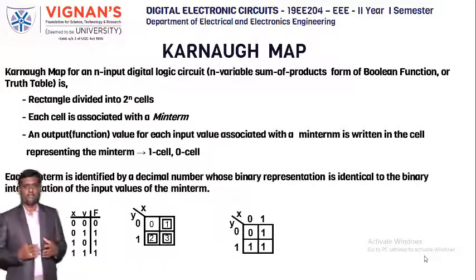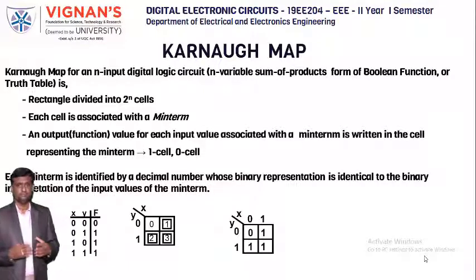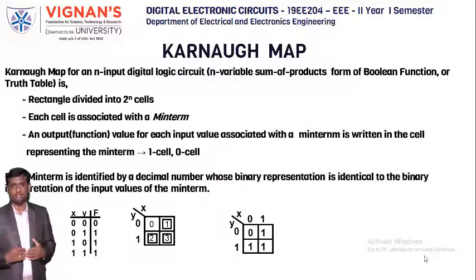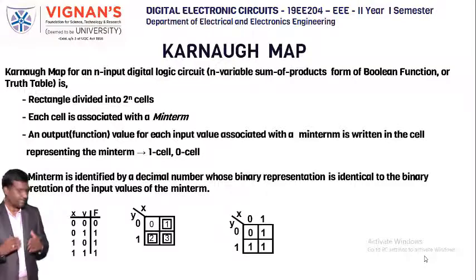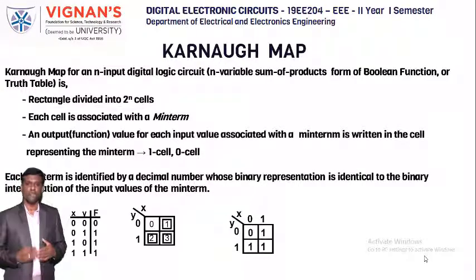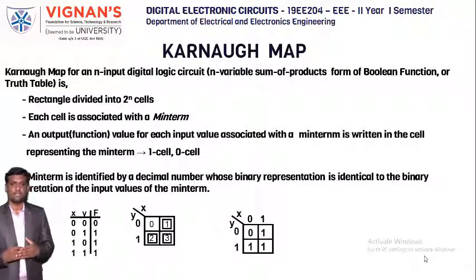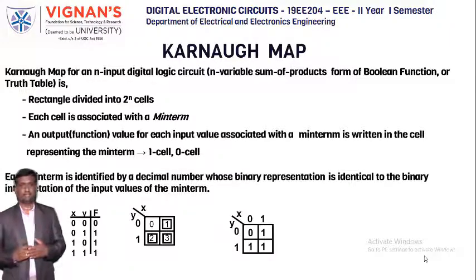That's why if you observe here, the 4 cells are assigned with 4 decimal numbers. Those decimal numbers are 0, 1, 2, 3. So like that, for the two variable we represent the K-map with 4 cells.